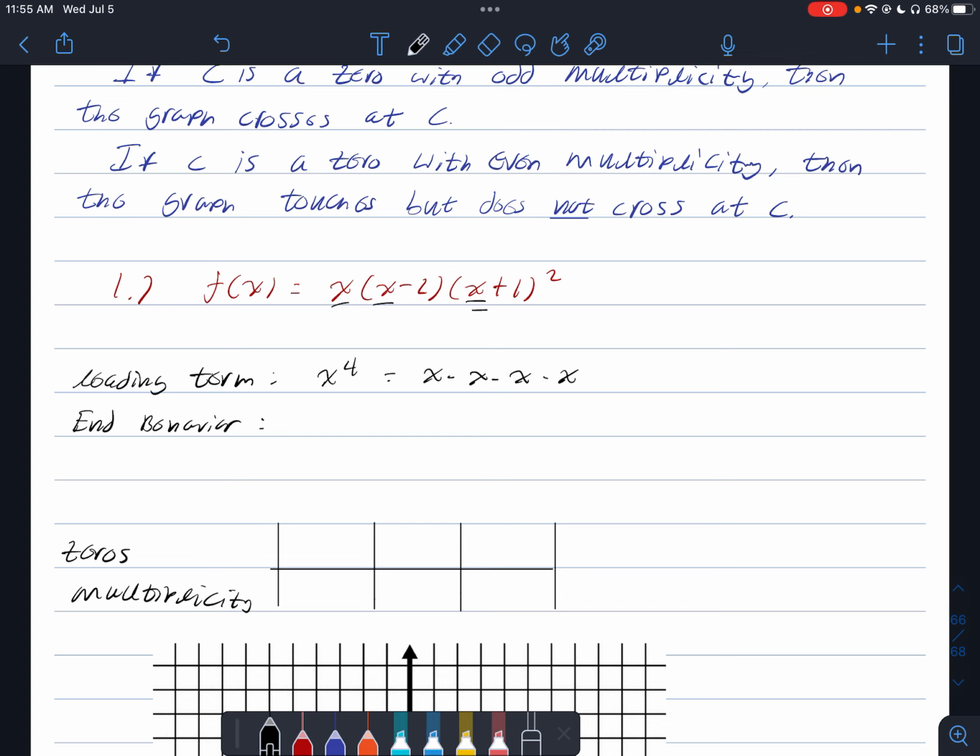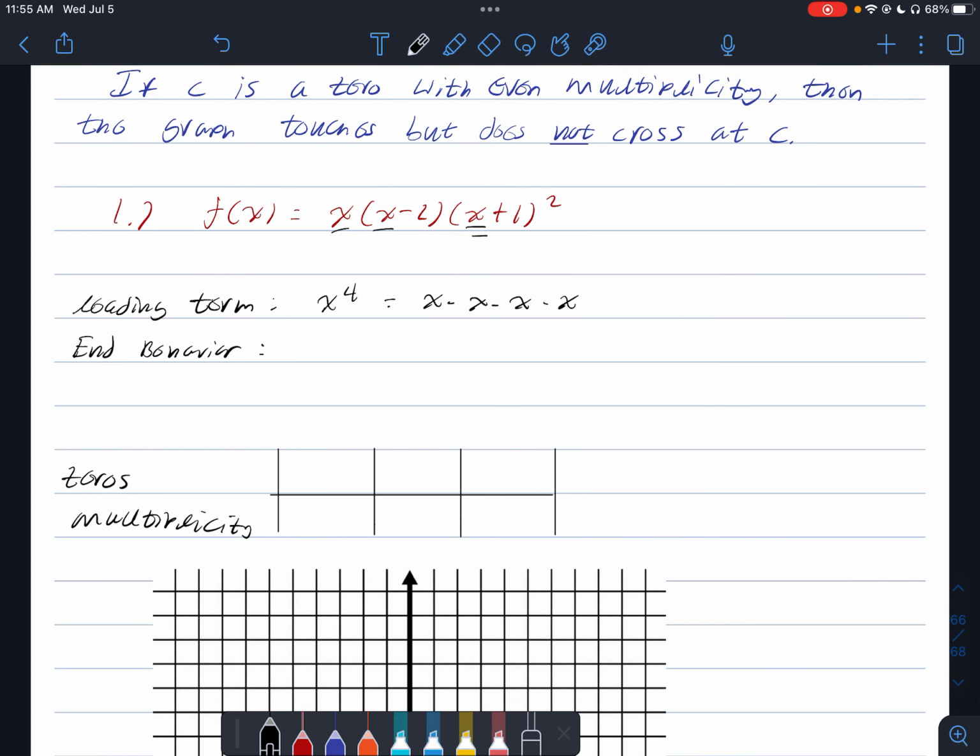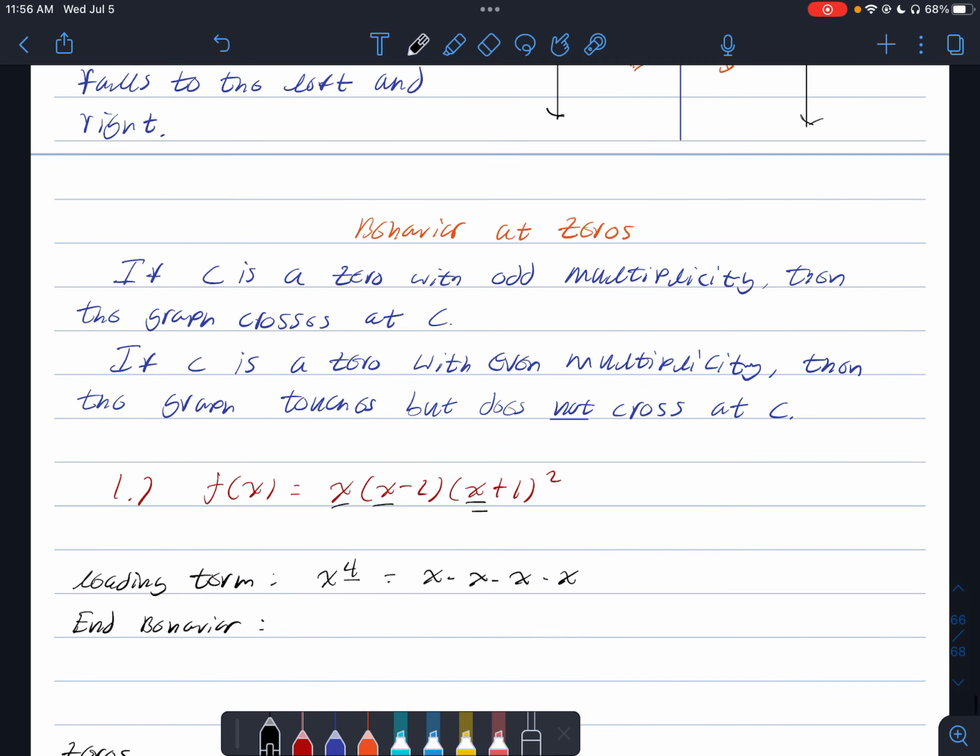Okay. So now that we have the leading term, we can determine the end behavior. So we know that the end behavior is determined by the exponent here and by the sign of the leading coefficient. Well, we know the sign of the leading coefficient is positive, okay? And we know that the exponent is even.